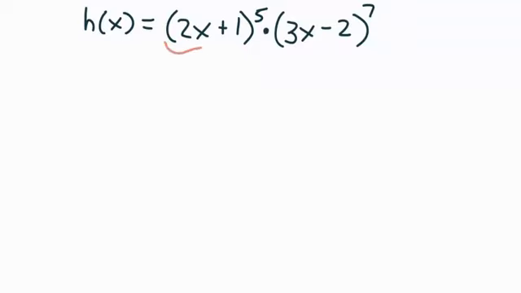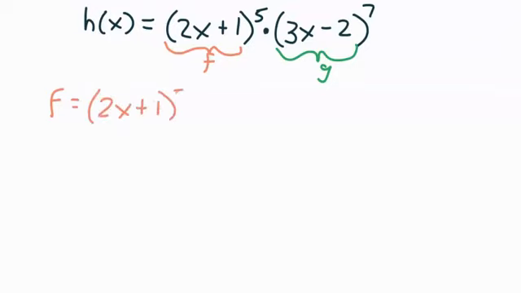We can see that there's product rule going on because we have a first thing that's multiplied and a second thing that's multiplied, so F and G. So it's a good idea to, somewhere separately, write down what F is, the first part of our multiplication for product rule, and write down what G is.